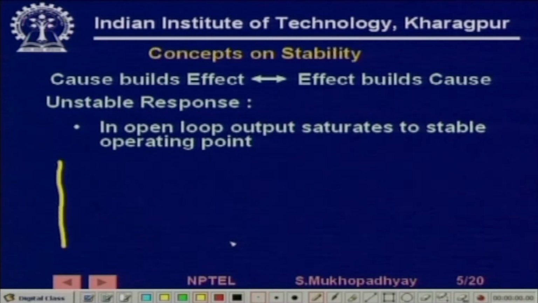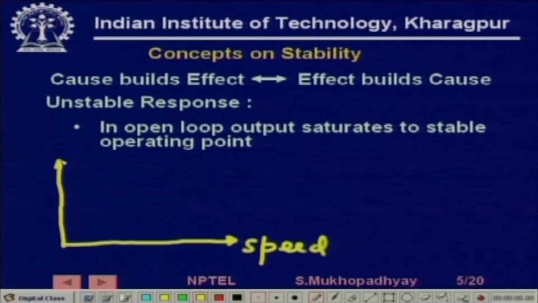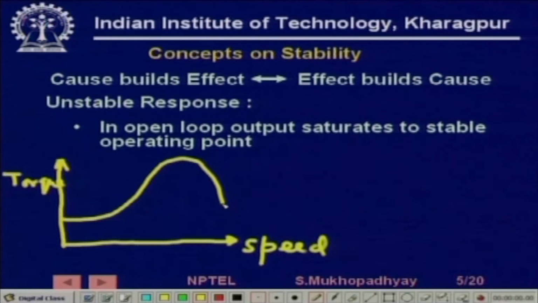This side is speed and this side is torque. As electrical engineers, we have studied this. The torque speed curve typically looks like this, right, and let us say that a load characteristic looks like this.